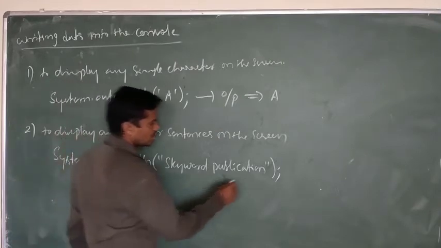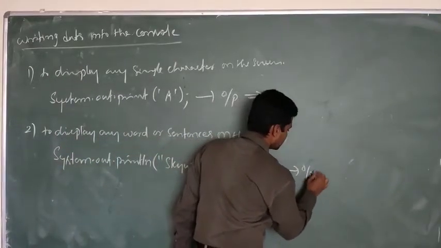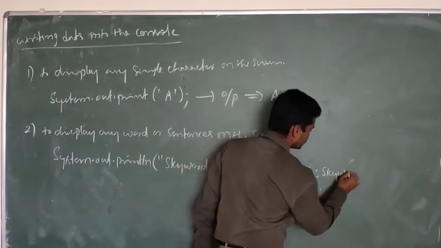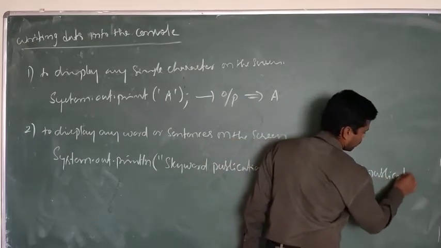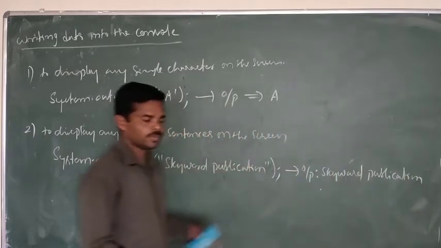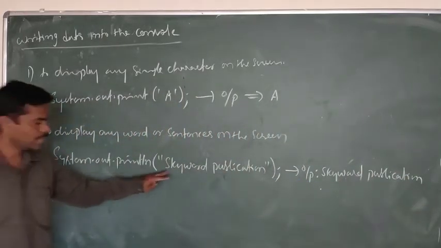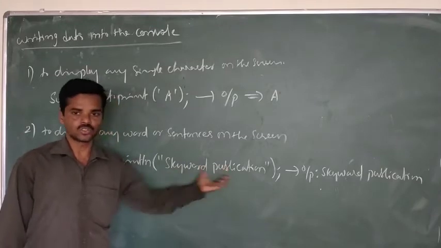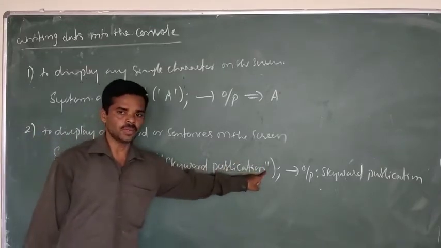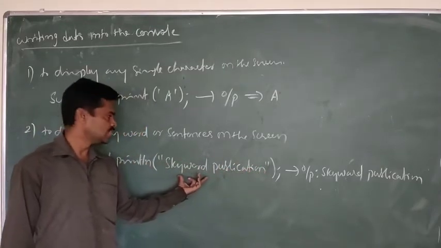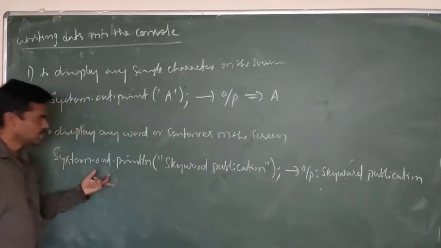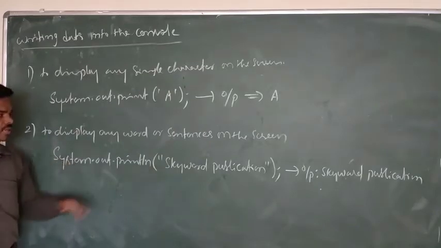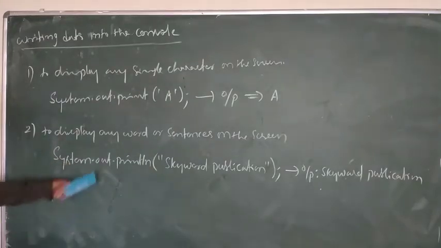Now what is the output for this? The output is Skyward Publications. Understood? If you want to display a word or any sentence, a group of words, it should be enclosed in double quotes. Whatever is in the double quotes will be displayed on the screen as it is. This is another way of using the println or print method to display the output on the screen.